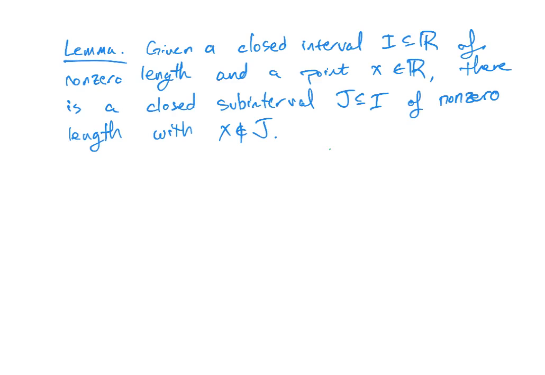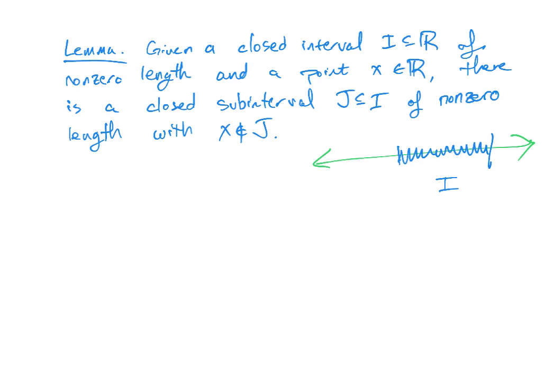Okay, do our picture here. There's our real line. There's I. It has non-zero length. It's closed. If x is, say, over there on the left, then the lemma would just say, well, I works, here's I, right? It would just give you I back. So that's not very interesting.